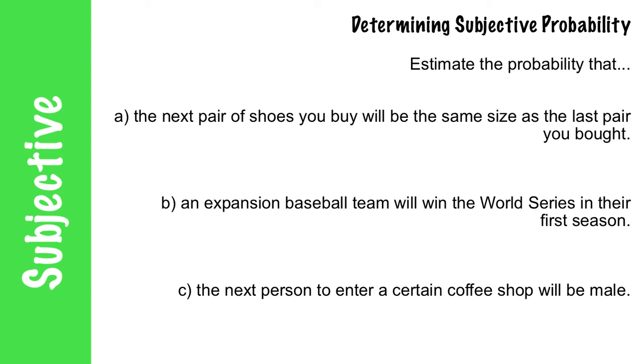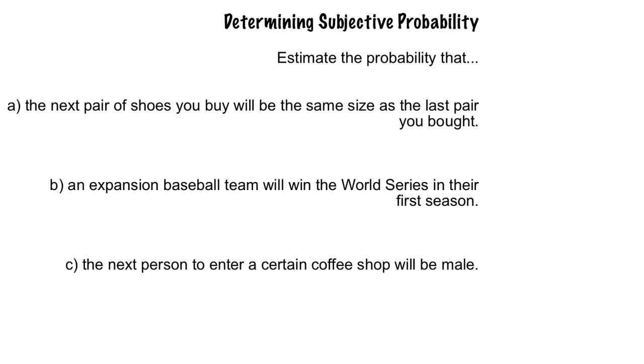And now let's determine some subjective probabilities. Let's estimate the probability that the next pair of shoes you buy will be the same size as the last pair you bought. That's pretty close to 100%. Unless you're a young child, if you're an adult, chances are if you're a size 10, you'll buy a size 10 in your next shoe. So it's nearly 100%.